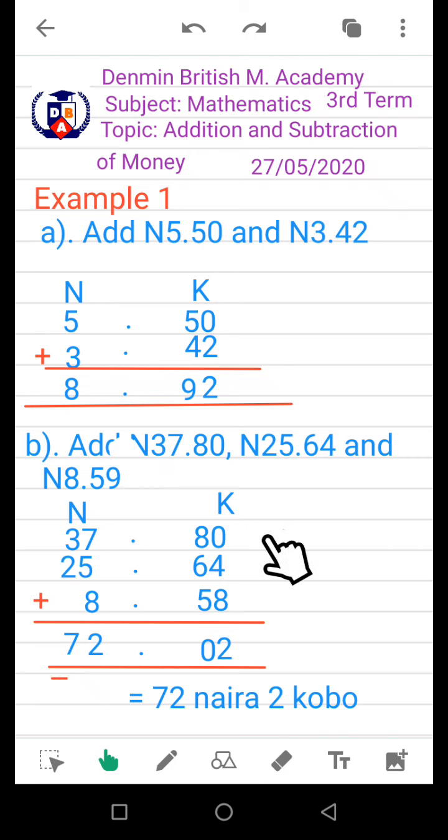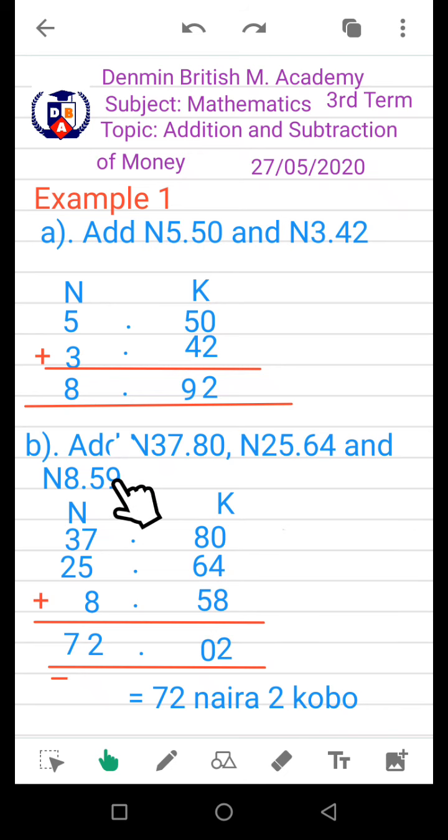We just noticed that in our question it is 59 kobo here, but mistakenly we used 58 kobo. We're supposed to use 59 kobo here, but we mistakenly used 58.